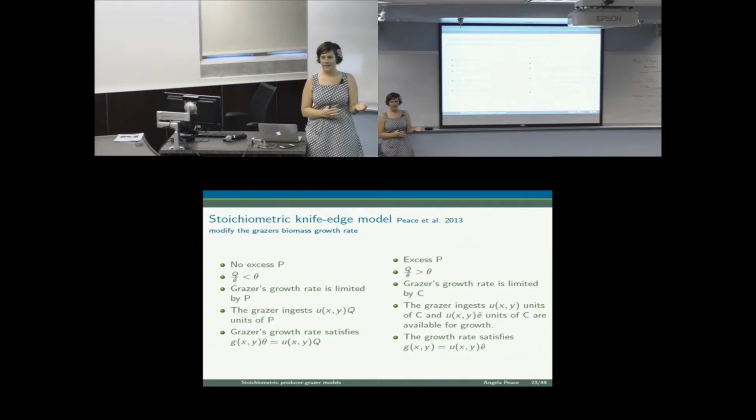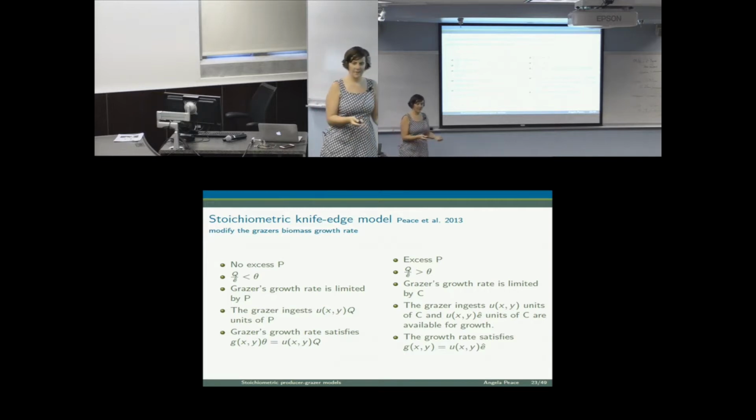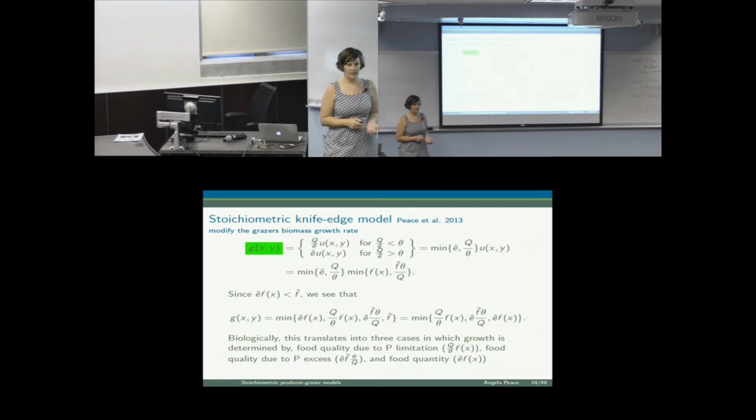On the other hand, when there is excess phosphorus, that's the case when that post-ingested P to C ratio of the food is greater than the P to C ratio of the Daphnia. Grazer's growth is now going to be limited by carbon, and it's going to satisfy this expression down here. So we have these two cases with these two different growth expressions. We can use the same kind of trick and rewrite this as a minimum function of the two. So you see that up here.